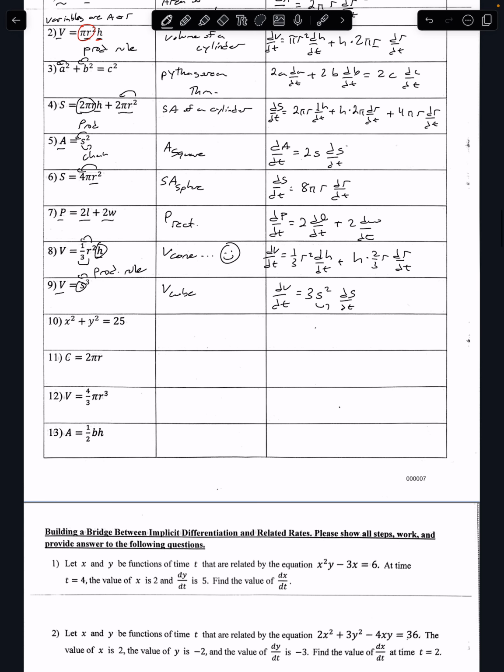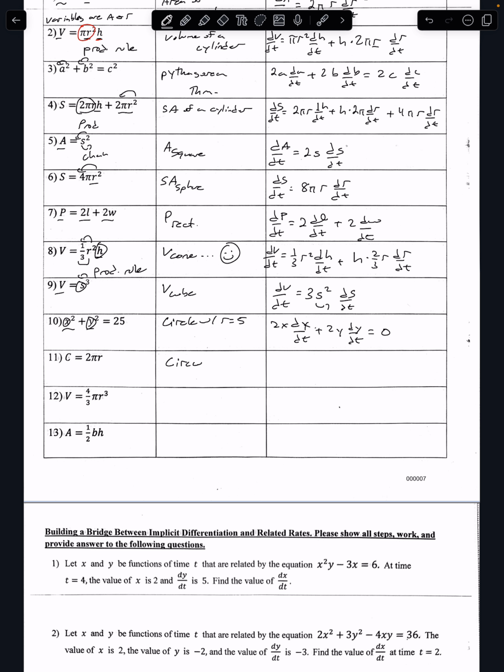Very easy to do these. Yep. Another Pythagorean theorem, or actually an equation of a circle. This is a circle with radius of 5. So take the derivative of x, that becomes just 2x times the dx dt plus, same thing with the y, 2y dy dt, and the derivative of 25 is just 0.